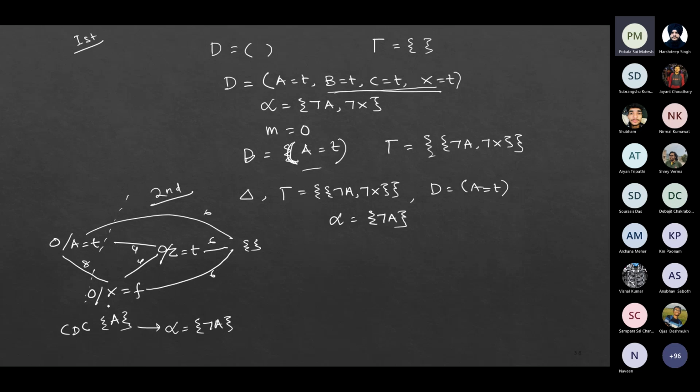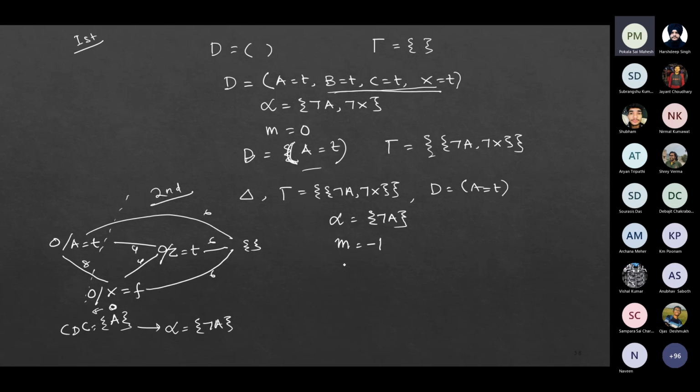Now what is the level of this? The level of this is 0, right? Now we need to find out the second highest, right? Now we do not have any second highest because we are having only one level. So in that case, we have a convention to take this m to be -1 if we have only one variable in the CDC, right?